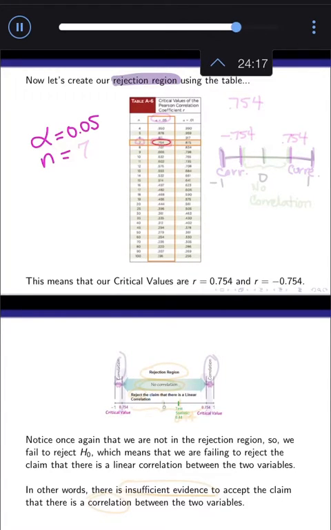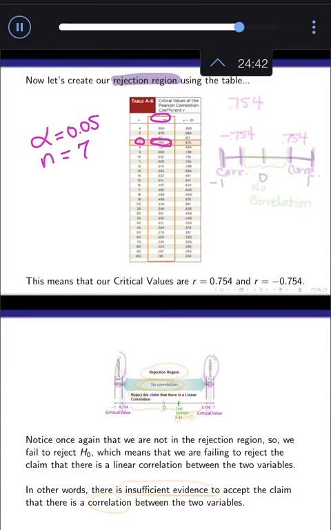So that's what our n is, 7. So if we look at where the 7 and the alpha of 0.05 overlap, we get the value of 0.754.